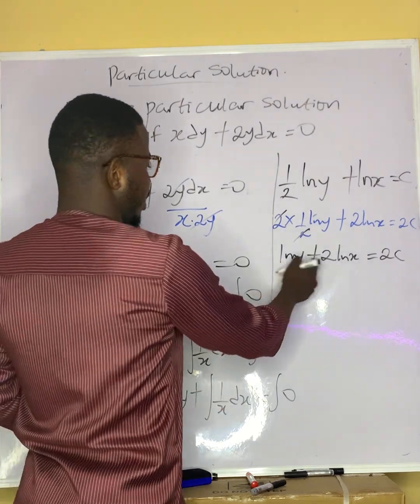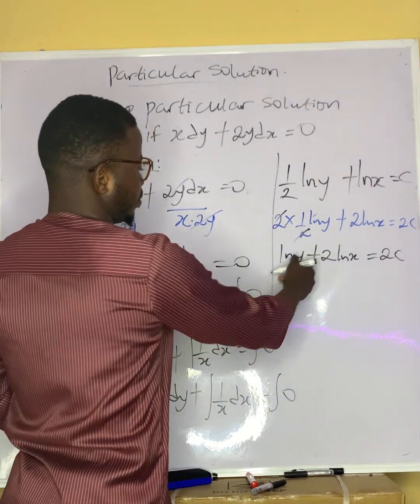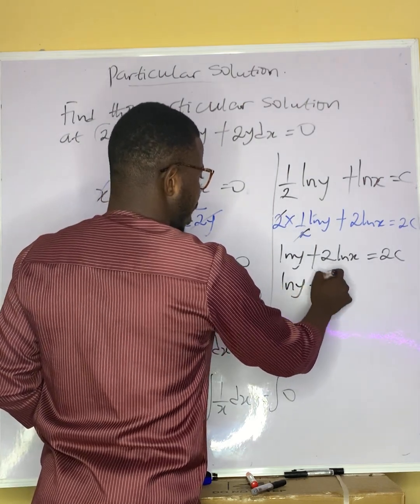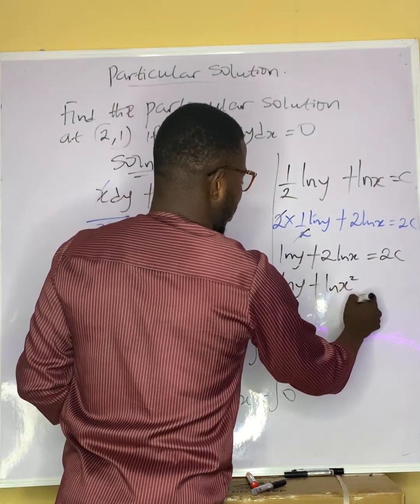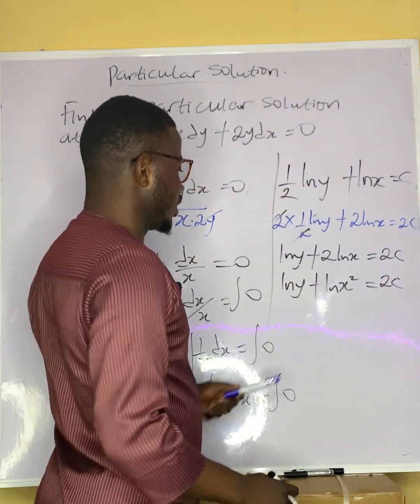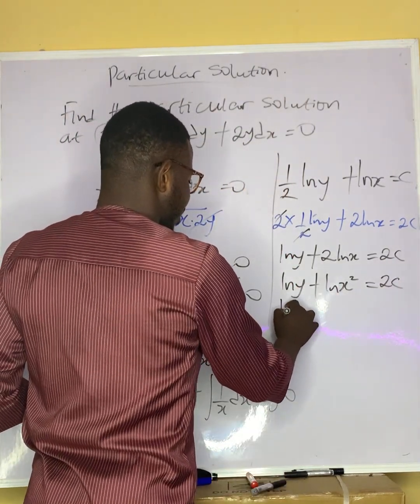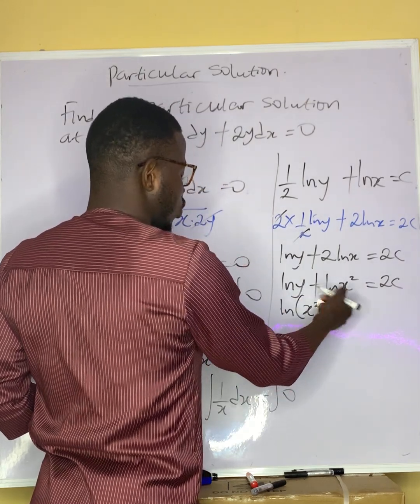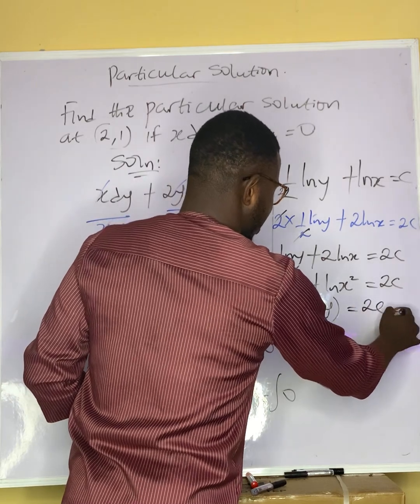And from the law of logarithm, we can take this one to the power, so that we have ln y plus ln x squared equals to 2c. Since we have addition sign in between, we can write it as ln of x squared y, or y x squared equals to 2c.